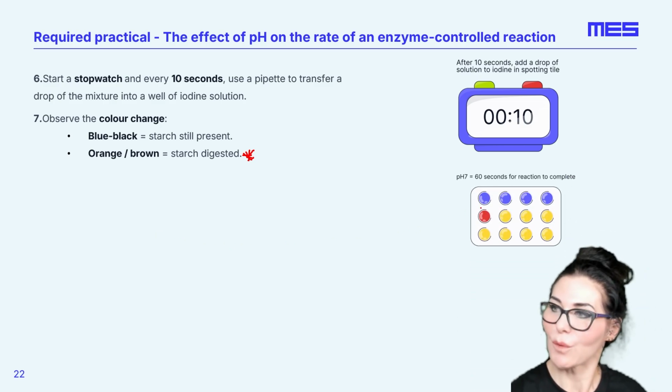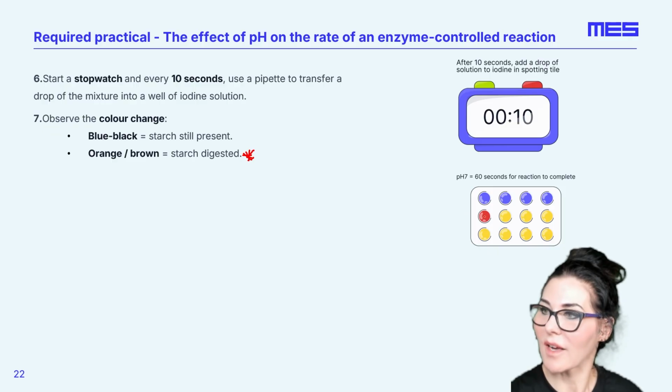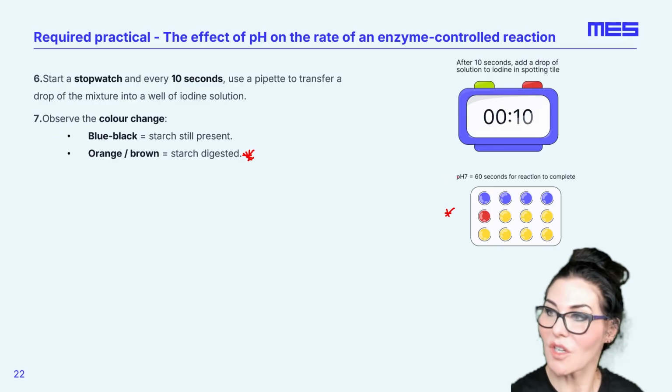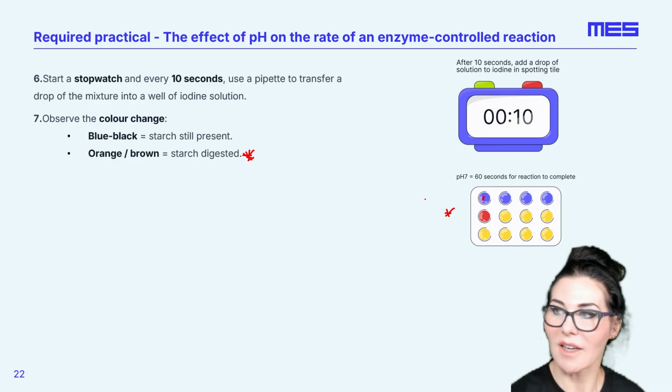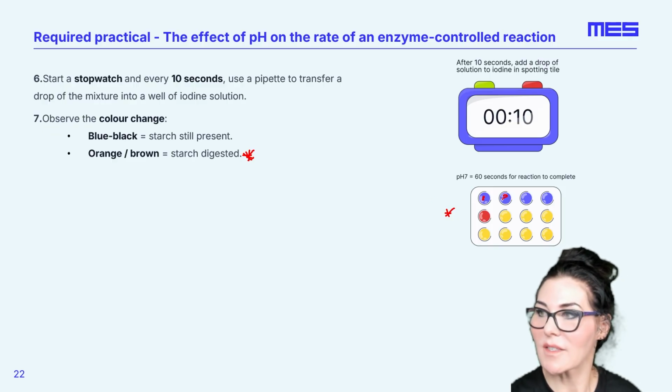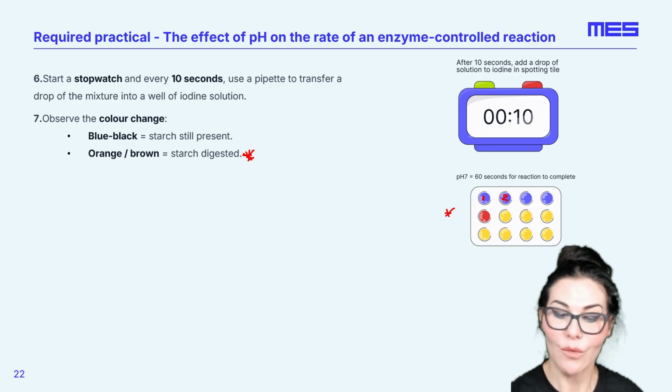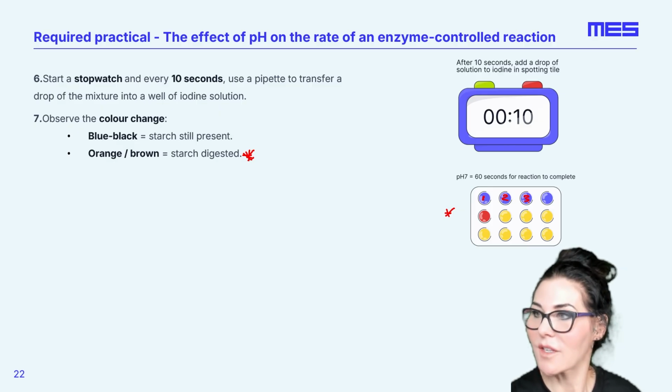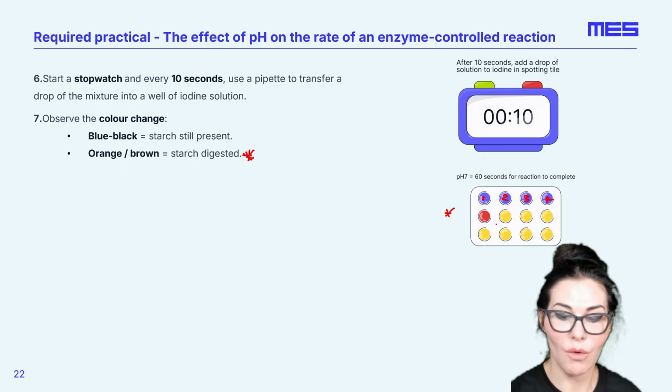Let's have a look at how this would work. So here are our wells of iodine over here. When we put the first drop of our enzyme substrate mixture into the first well, it stayed blue-black at 10 seconds, telling us that the reaction hadn't yet happened. Then at 20 seconds, again, no reaction. At 30 seconds, no reaction. At 40 seconds, no reaction.